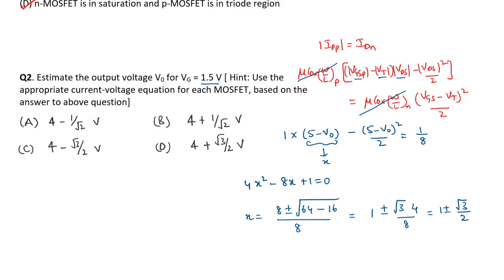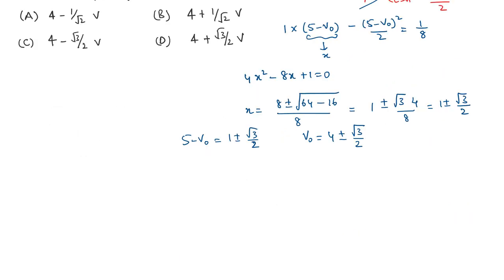Of course, x is equal to 5 minus V naught. 5 minus V naught is equal to 1 plus or minus square root of 3 by 2. So we can write V naught is equal to 4 plus or minus square root 3 by 2. Now we have to choose which one is correct. Is it 4 plus square root 3 by 2 or 4 minus square root 3 by 2?